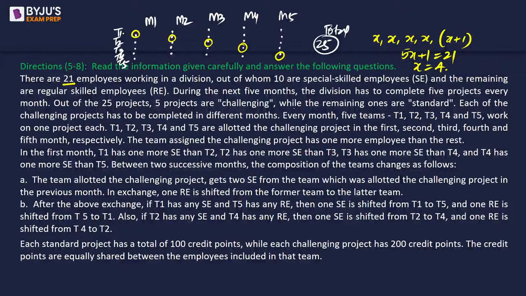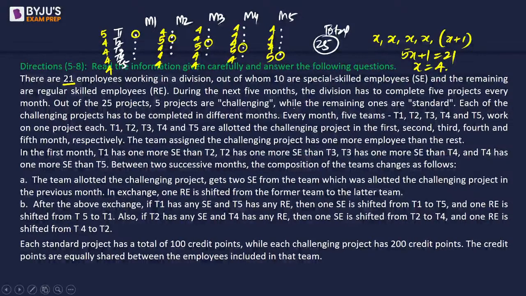So जैसे T1 के पास challenging है first month में, so the other 4 teams will have 4 employees each. T1 के पास 5 हो जाएगा. Next में इसके पास 5 हो जाएगा, बाकी 4 के पास 4 होगा. फिर उसके बाद 4 हो जाएगा, ये 5, ये दोनों 4 हो जाएंगे. फिर ये 4, 4, 4 हो जाएगा, ये 5 और ये 4 हो जाएगा. And then you will have 4, 4, 4 and then finally 5.